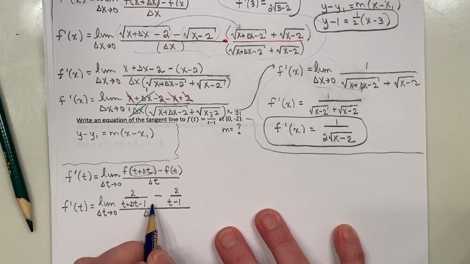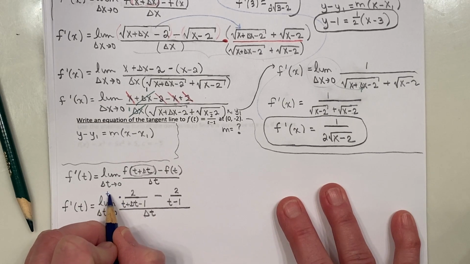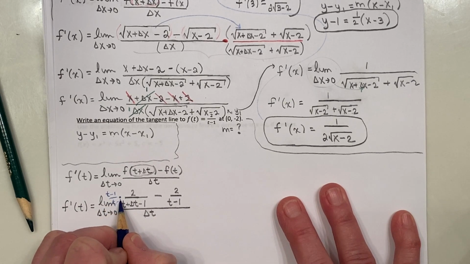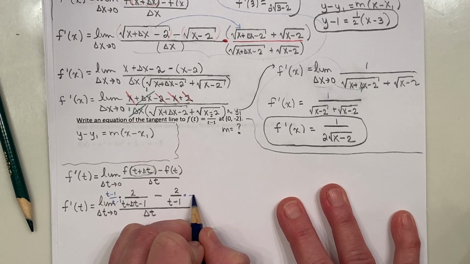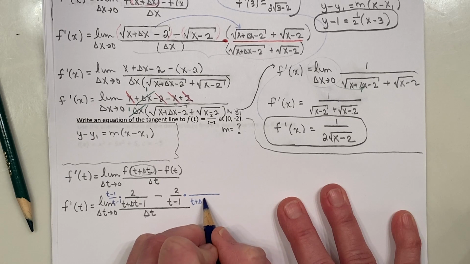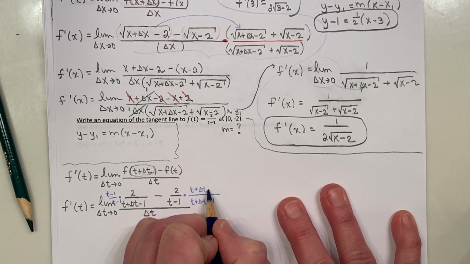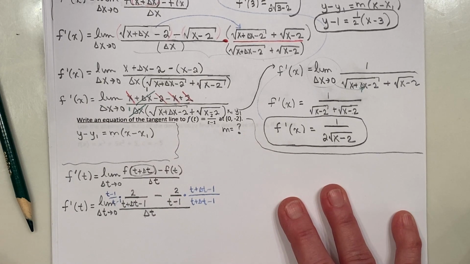So here's our numerator. To get a common denominator, I'm going to multiply this left fraction by the denominator t minus 1 over itself. And over here, I'm going to multiply this fraction by the other denominator, t plus delta t minus 1, and we'll want to populate that on the top because we're multiplying by a form of 1.